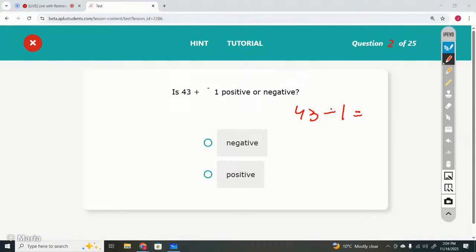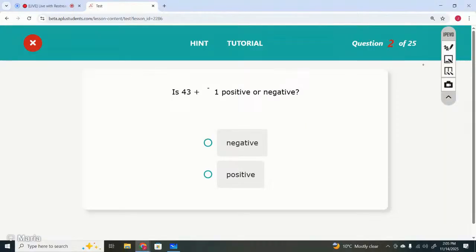So 43 minus 1 is 42. So the correct option is 42. Option number 2 is the correct option, right? That is positive.